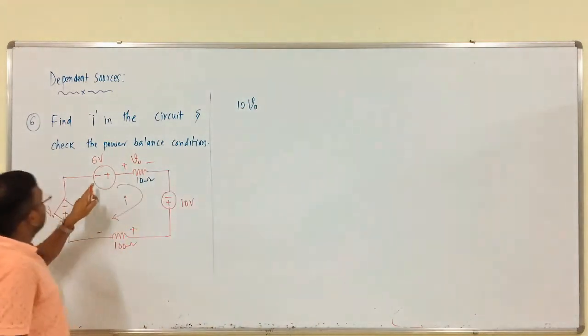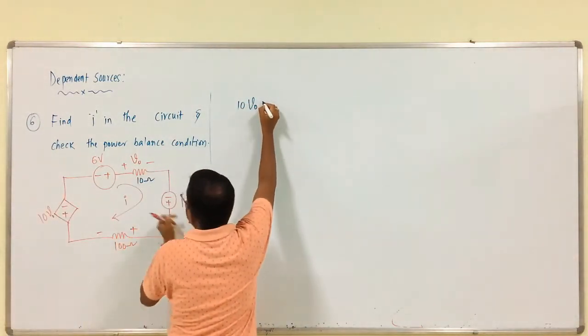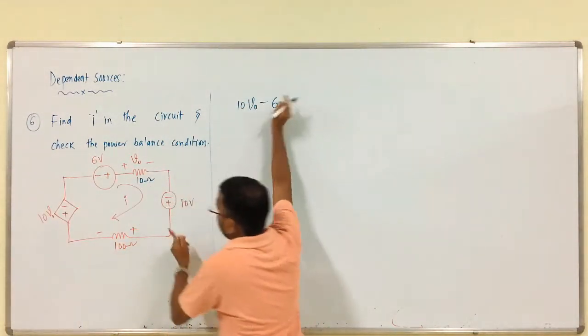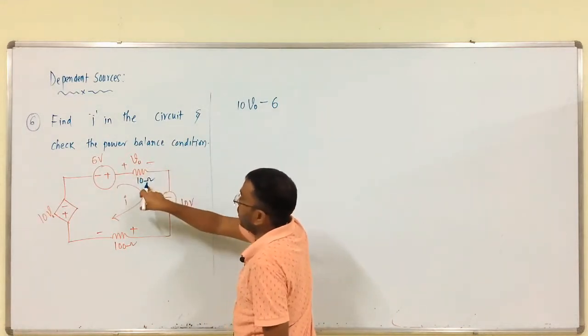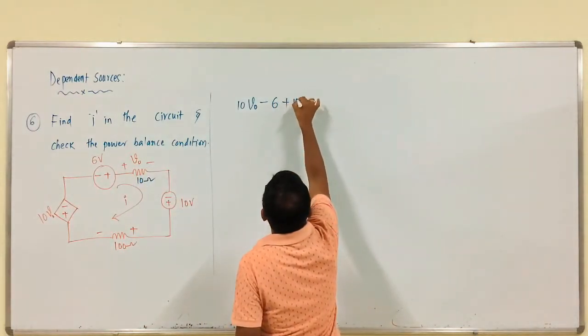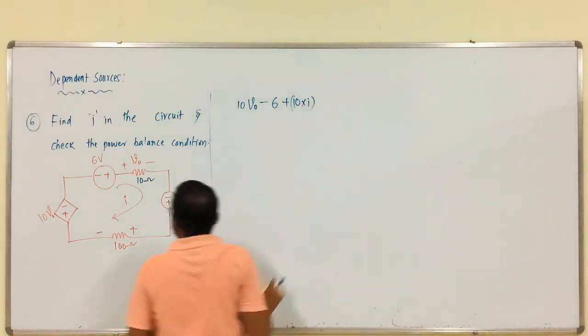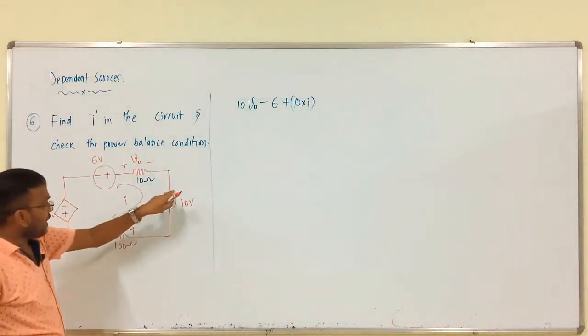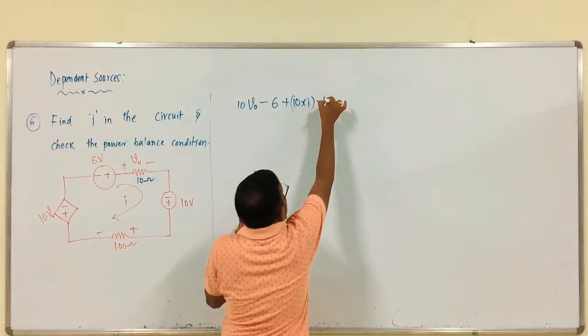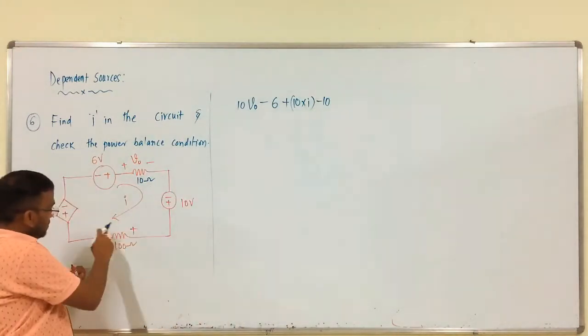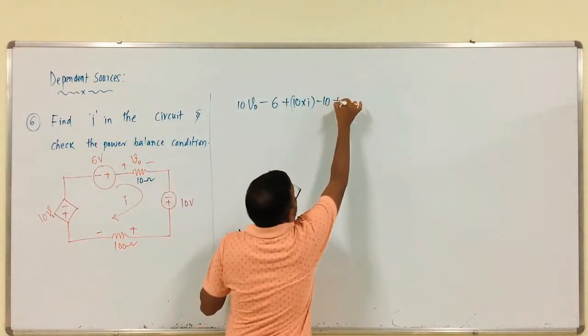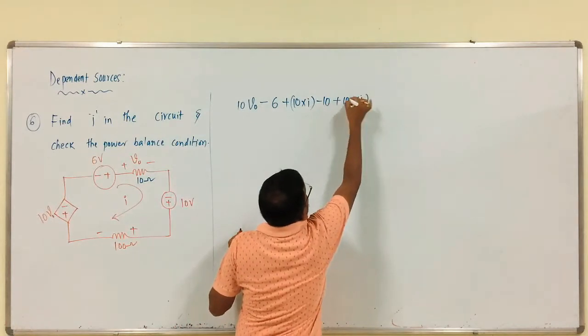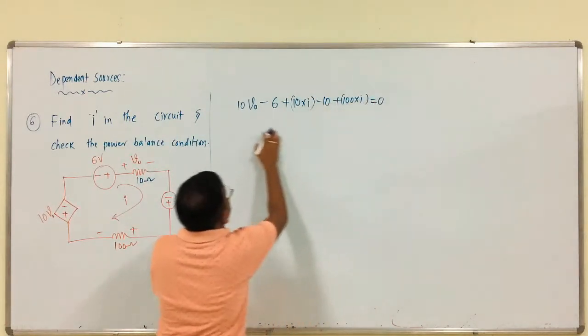Then negative to positive, this independent source is minus 6. Again, plus 10 ohms, that is plus 10 into I. Again an independent voltage source, minus to positive, that is minus 10, plus 100 into I, which is equal to 0.